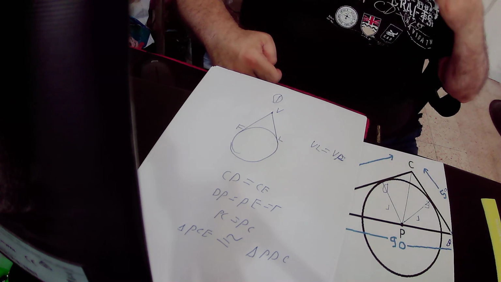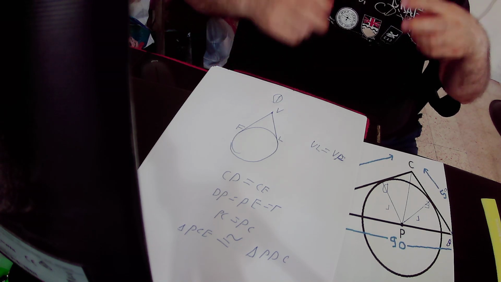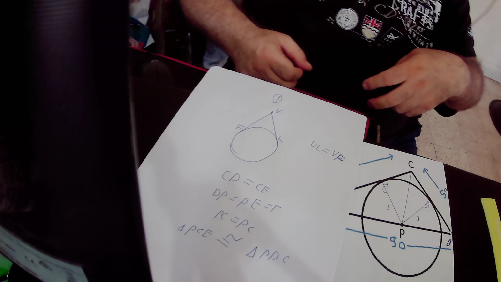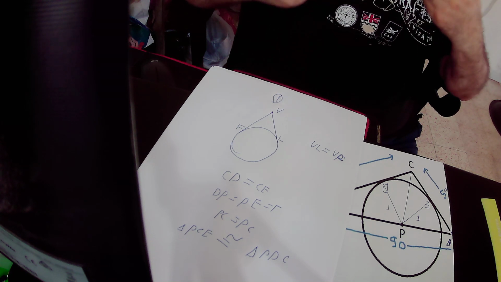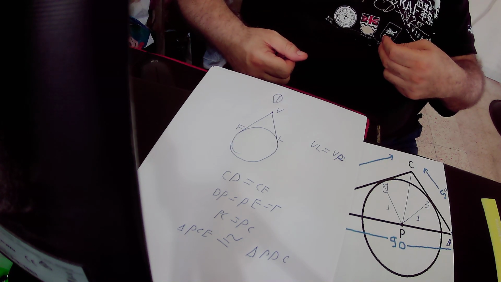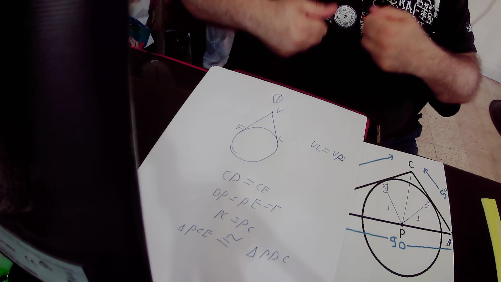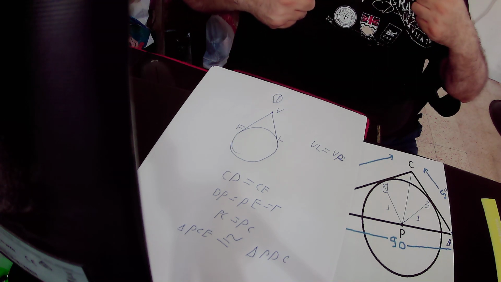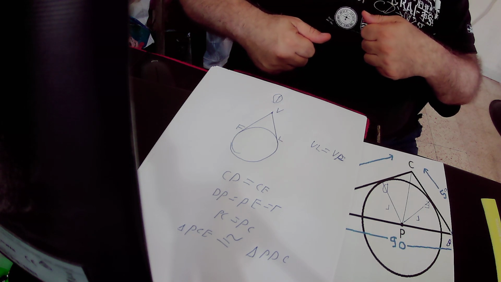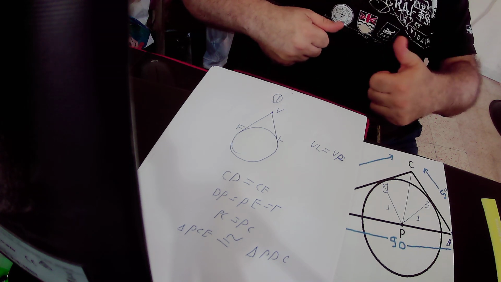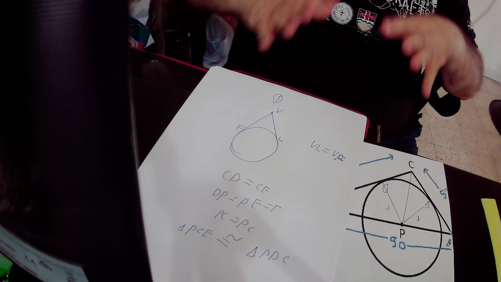Therefore they are congruent to each other, according to the rule that if you have two triangles and in one triangle all of its three sides equal the three sides of the other triangle, then they are congruent to each other.